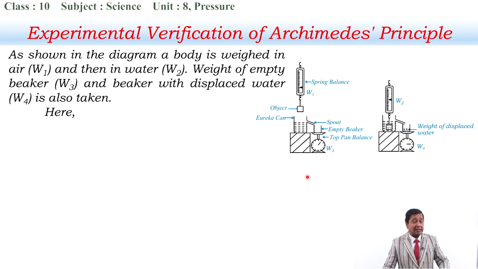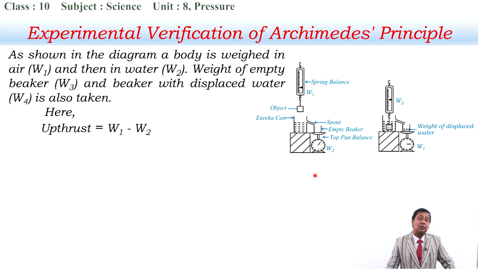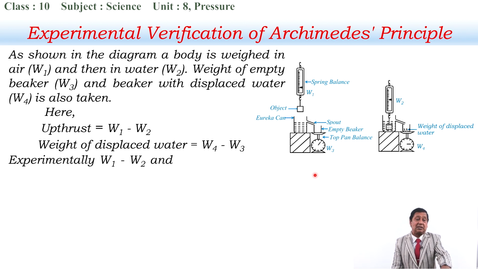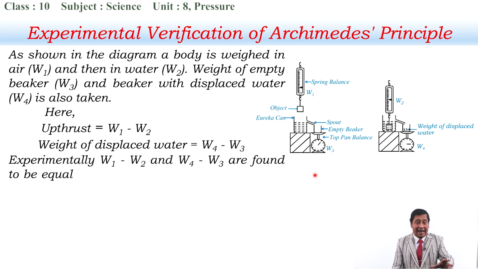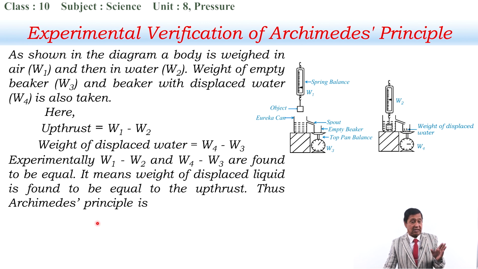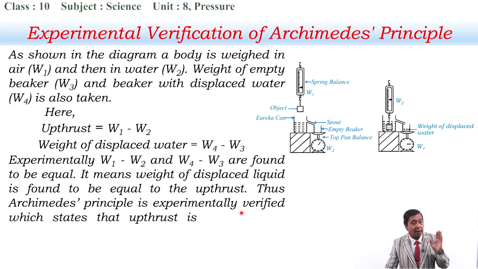And then we can say here, upthrust is equal to W1 minus W2, but weight of displaced water is equal to W4 minus W3, and experimentally W1 minus W2 and W4 minus W3 are found to be equal. It means the weight of displaced liquid is found to be equal to the upthrust.